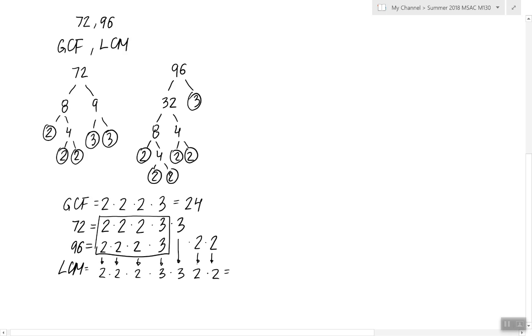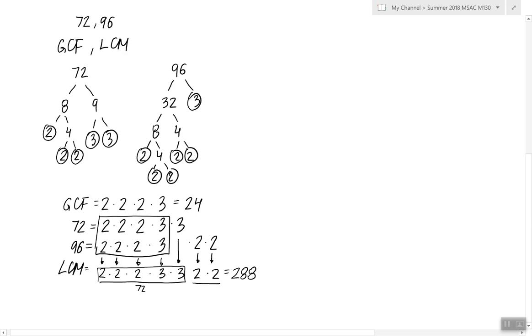You can start at 72 because this part of LCM is exactly the same as 72. So the sooner you notice it, the easier it's going to be for you. So this is 72, so all I have to do is just multiply 72 by 4. So it is 288. So GCF is 24, LCM is 288.